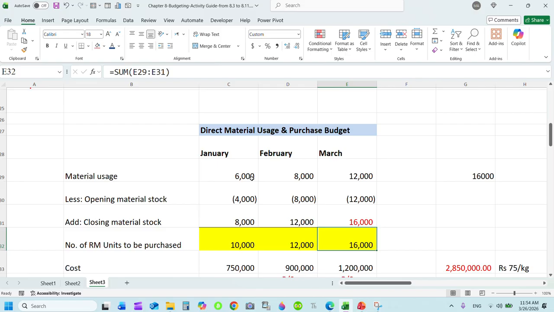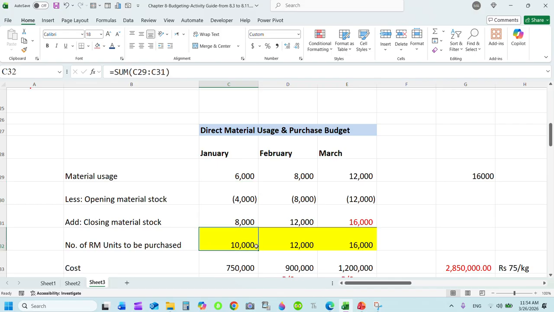So you can see, we cannot purchase only the raw material sufficient to meet production requirement. Why? We need to have closing stock. So we need to purchase raw material sufficient to meet the production requirement and closing stock requirement. But since we have open stock, it can be deducted. Then we can find out the number of units to be purchased.